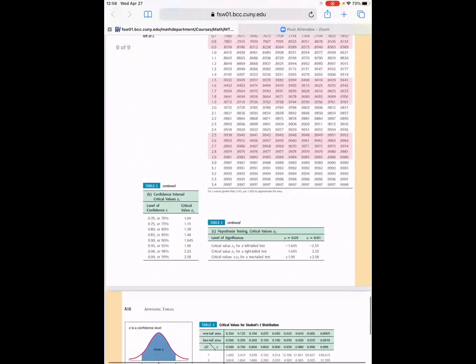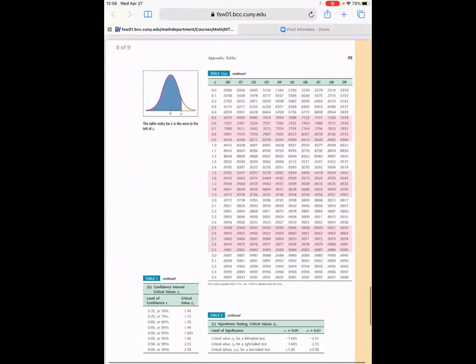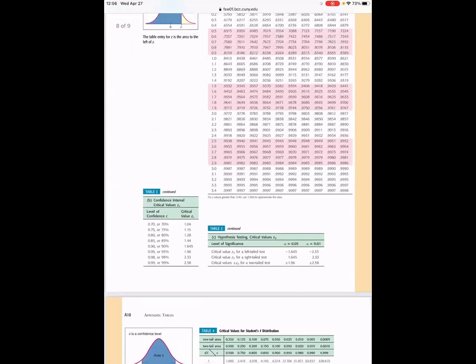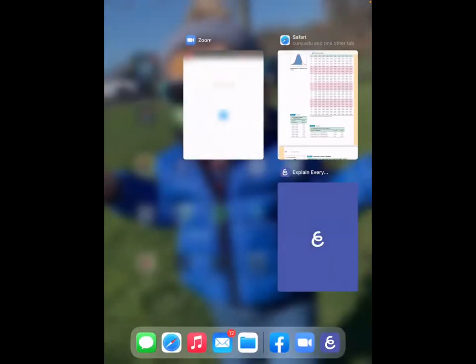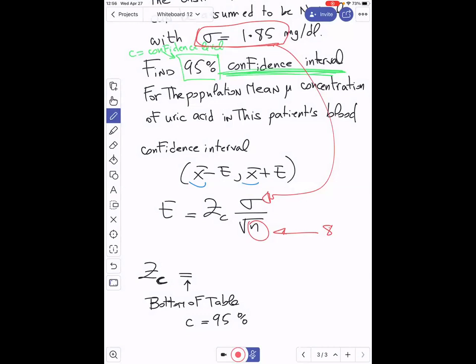This is table 4. Right here, in the bottom of the table phi, C is 95%. As you can see, when C is 95%, the corresponding critical value is 1.96. So this Z is just 1.96 from the table.